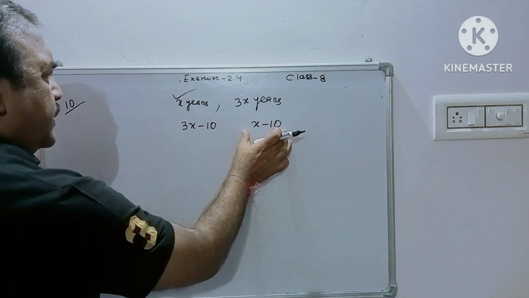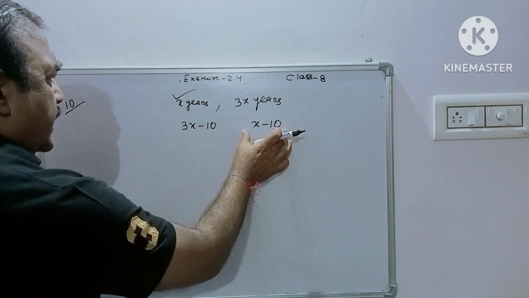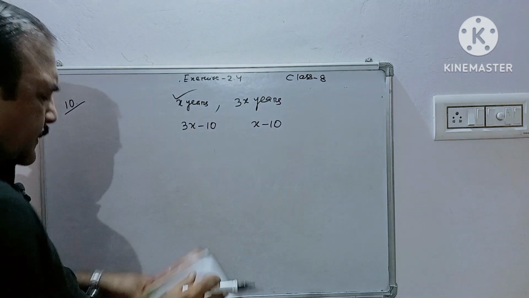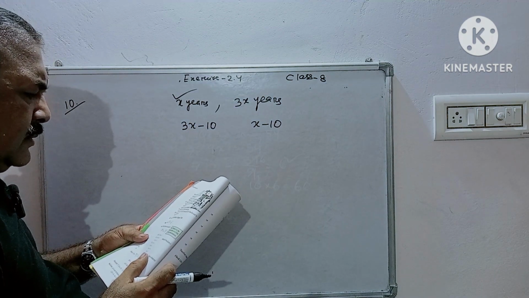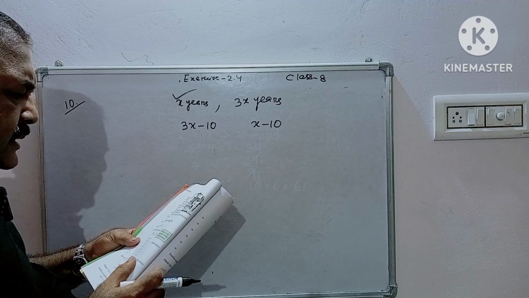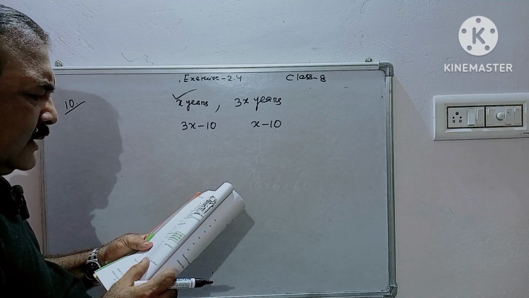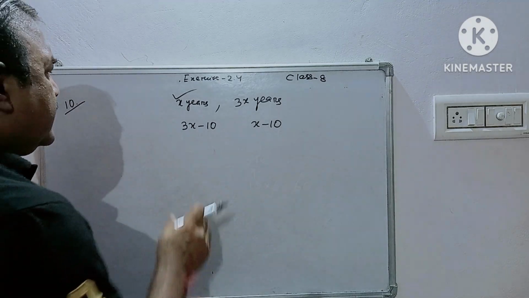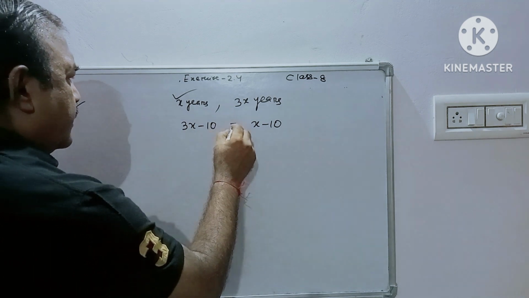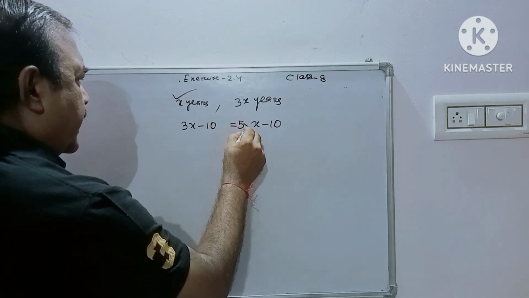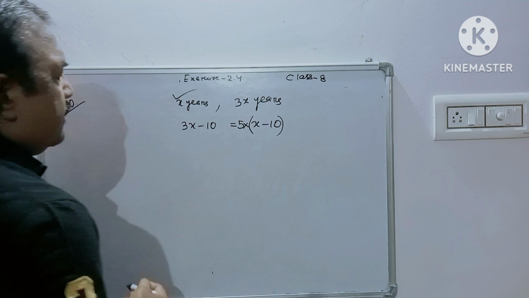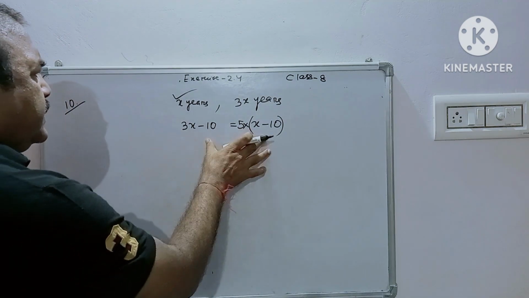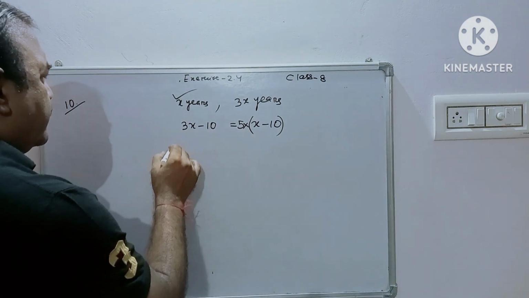What was the age before 10 years of the son? x minus 10. So what was the relation between the two ages before 10 years? 10 years ago, father was 5 times his son's age. So this was father's age, so this will be equal to 5 into, you may give here a bracket. So this is the equation you will have to solve.